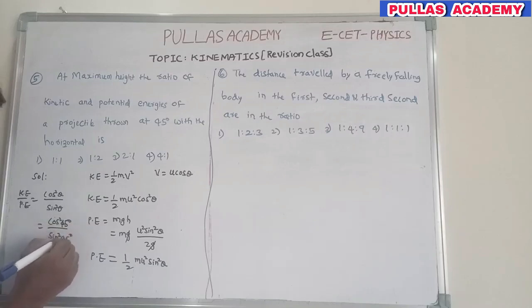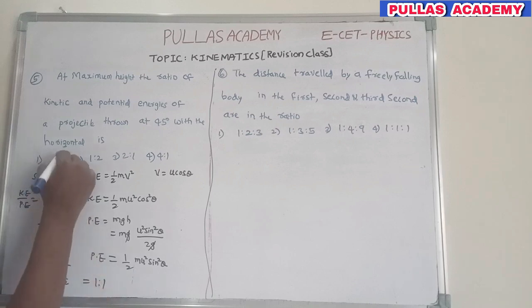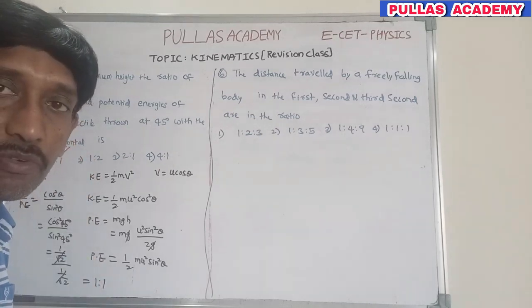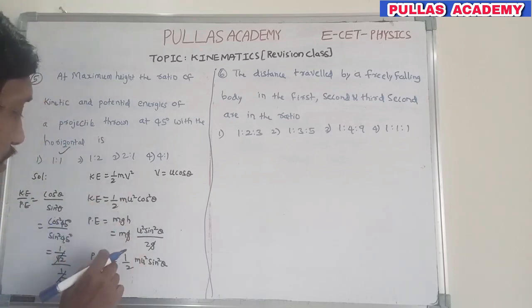Cos square 45 degrees is 1 by root 2, and sin square 45 degrees is also 1 by root 2. These two cancel, then finally you get 1:1. This first option is correct. 1:1 is correct. You just need to know the kinetic energy and potential energy equations.